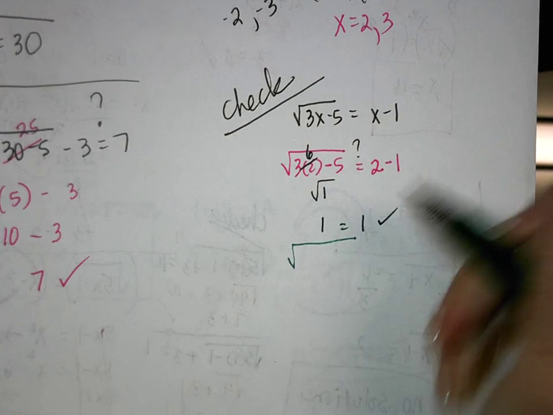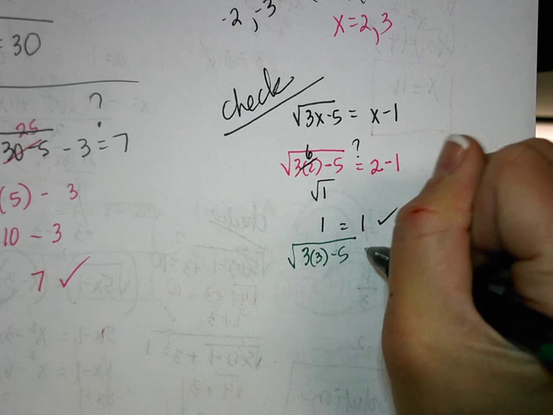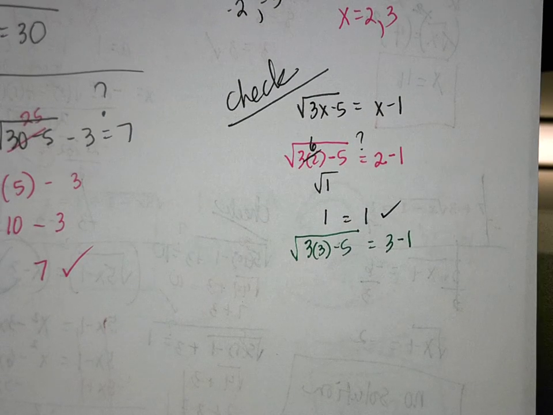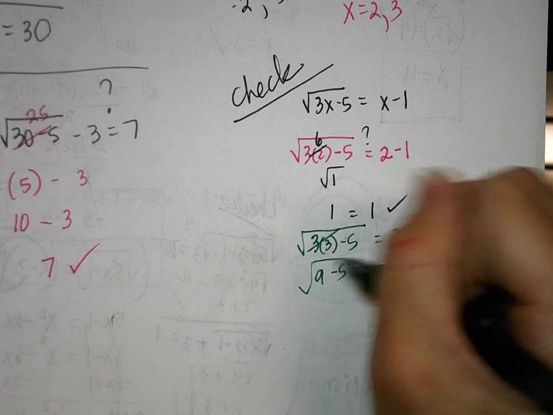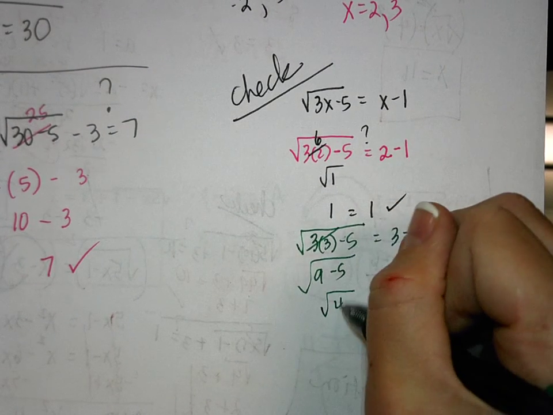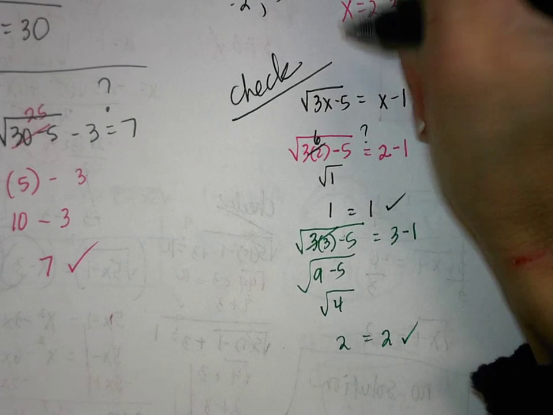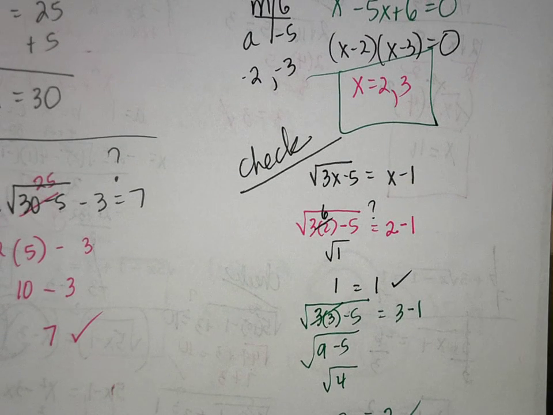So the square root of 3 times 3 minus 5 equals 3 minus 1. What is 3 times 3? 9, and 9 minus 5 is? And the square root of 4 is 2, and does 2 equal 2? Yes. So for this problem, they ended up having 2 answers, but it doesn't always work out that way.